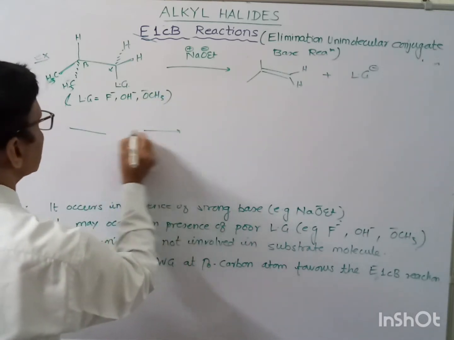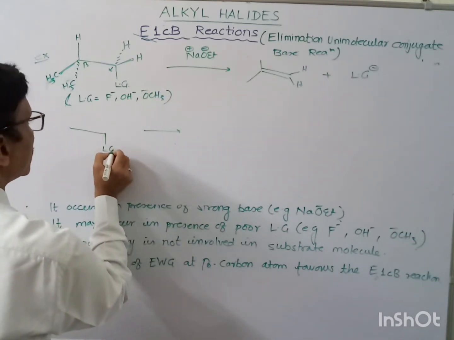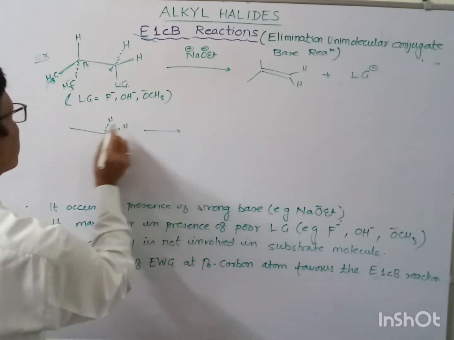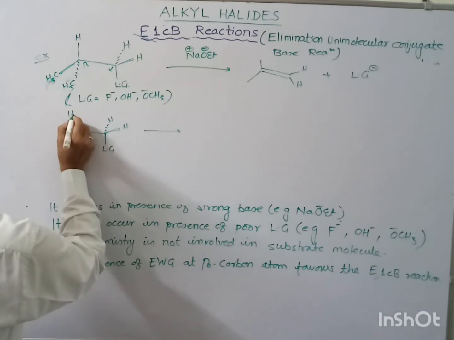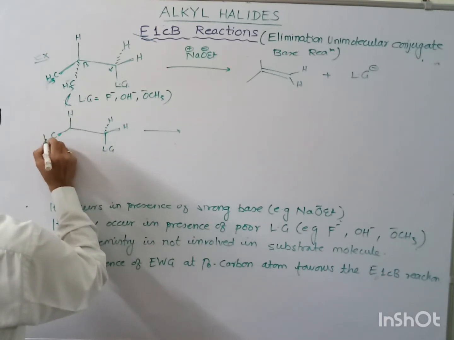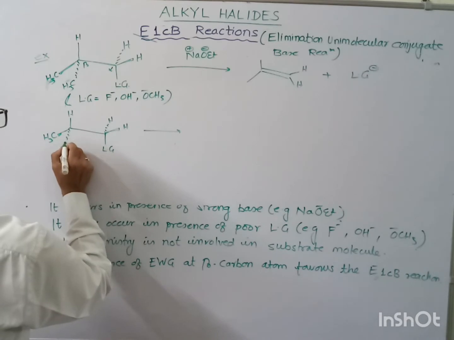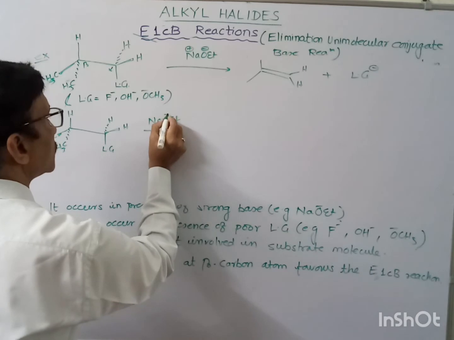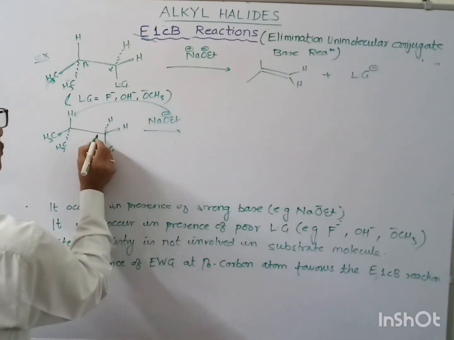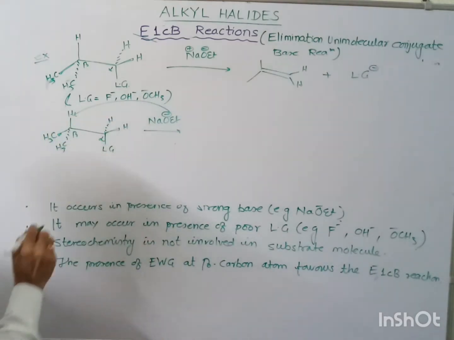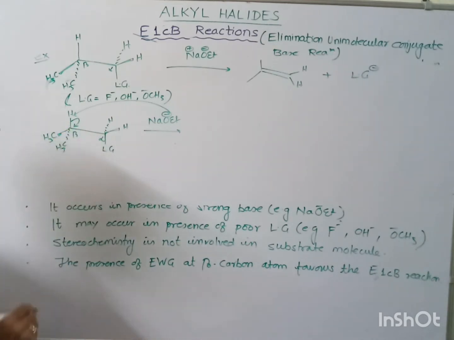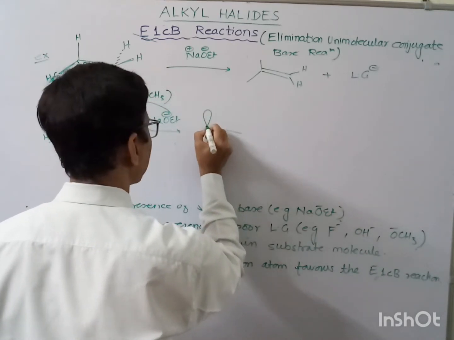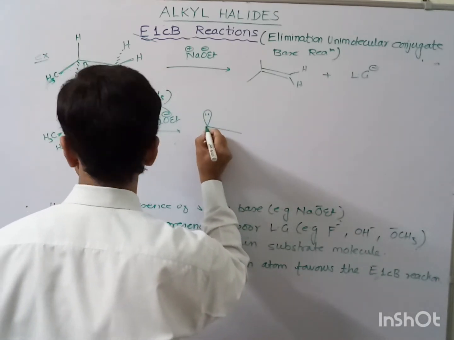This sodium ethoxide will take this beta H, so this is alpha, this is beta H, and a conjugate base would be formed over here, the carbanion would be formed.